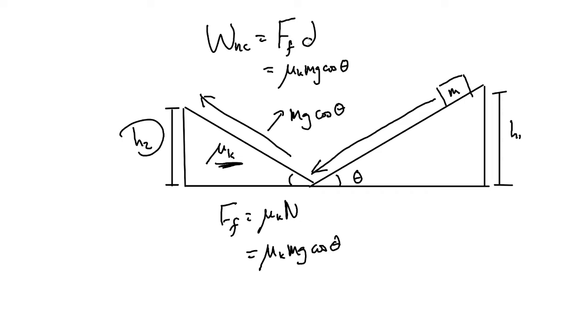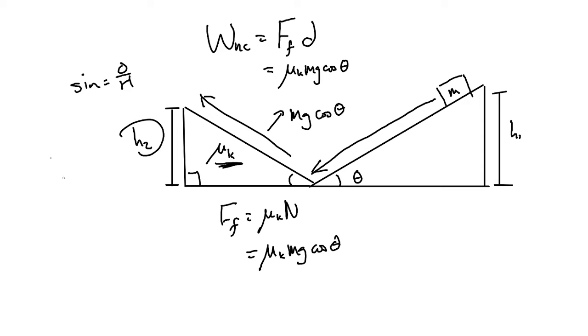And here's where, what's our distance going to be? Our distance, we have h2. How would we find our distance here? This is our hypotenuse, this is our opposite. So we can take h2 divided by sine, because sine is equal to opposite over hypotenuse.